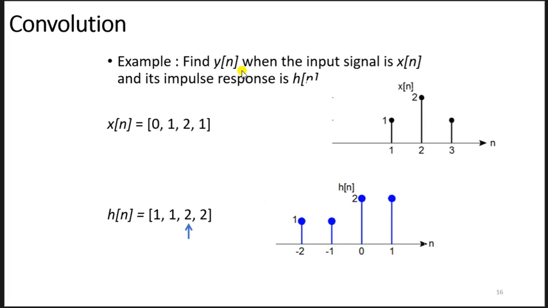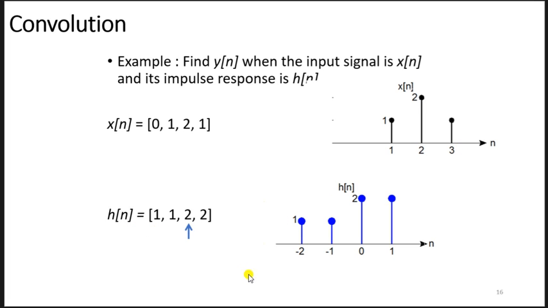Okay, so find yn when input signal is xn and the impulse response is hn. So kita ada xn dan kita ada hn. So here you see that kalau kita tulis dalam jujukan masa, jujukan nombor, xn is 0, 1, 2, 1. Okay, so 0, 1, 2, 1.